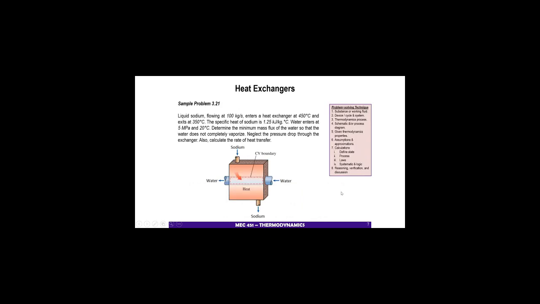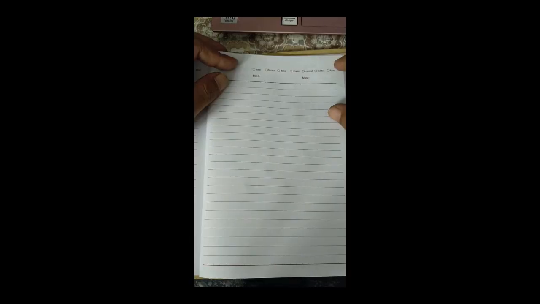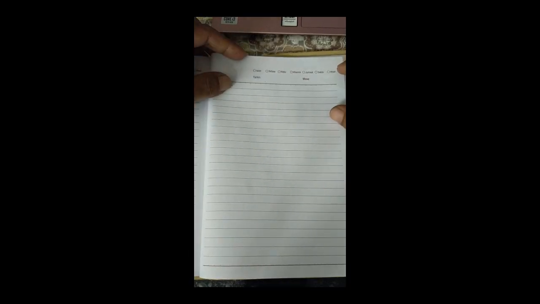Sample problem 3.21. Liquid sodium flowing at 100 kg per second enters a heat exchanger at 450 degrees Celsius and exits at 350 degrees Celsius.